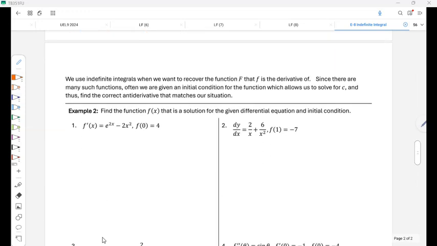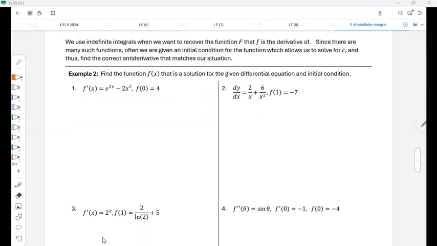All right. So here are the problems where we would use indefinite integrals. We want to get the antiderivative that matches some situation. We have a derivative, but we want the function. We want to know what function gave us that derivative.